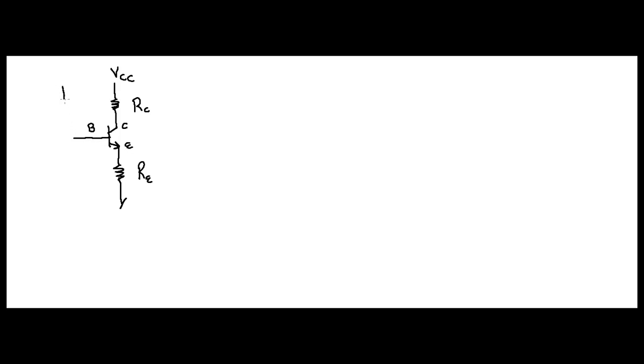Now if we come down here, we have to bias your base, don't we? So we're going to draw a voltage divider. There it is. These resistors you can call R1 and R2.